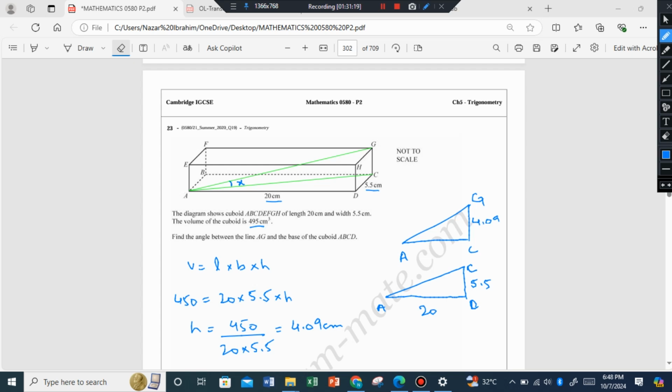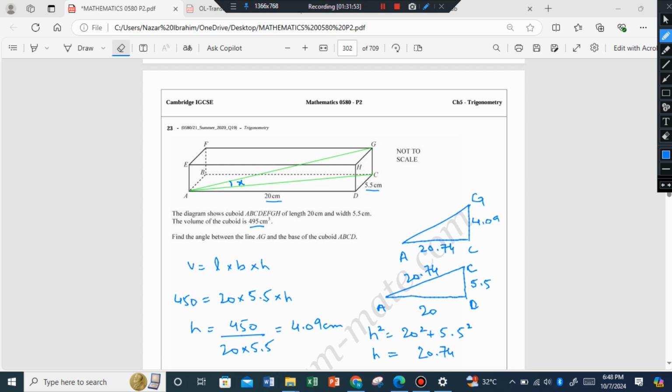Applying the Pythagoras theorem, h squared is equal to 20 squared plus 5.5 squared. I will get the hypotenuse as 20.74. So AC is 20.74.